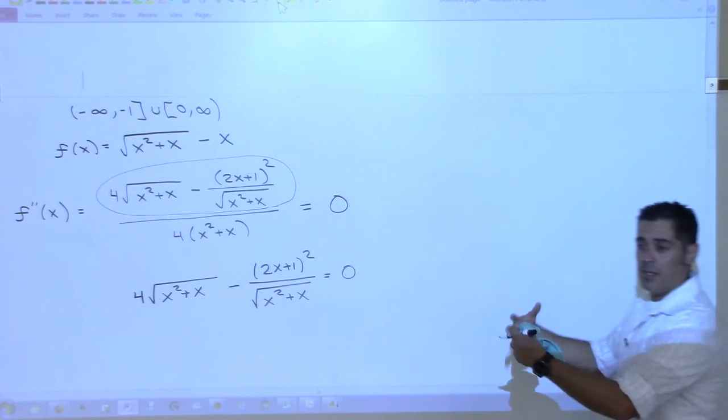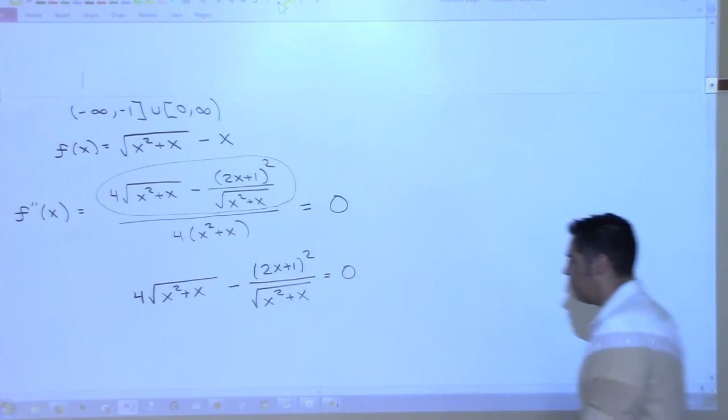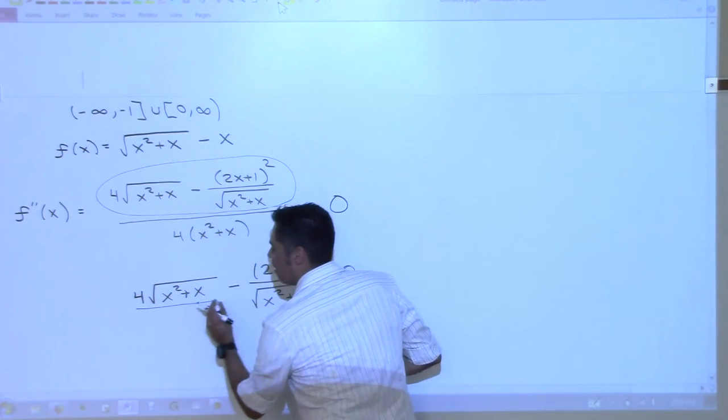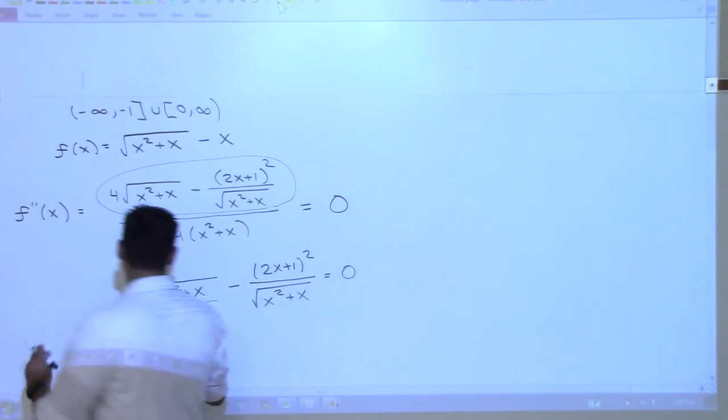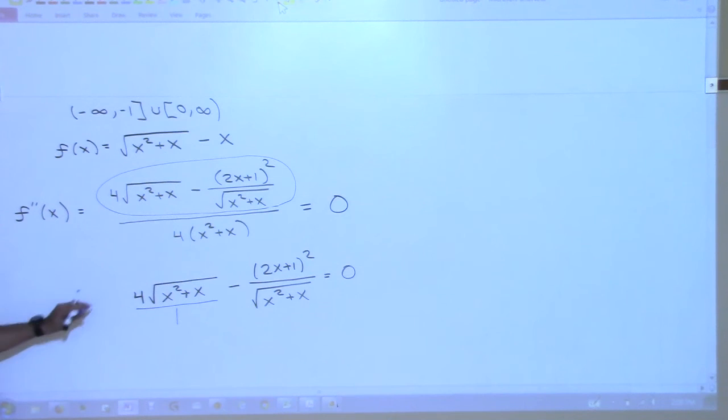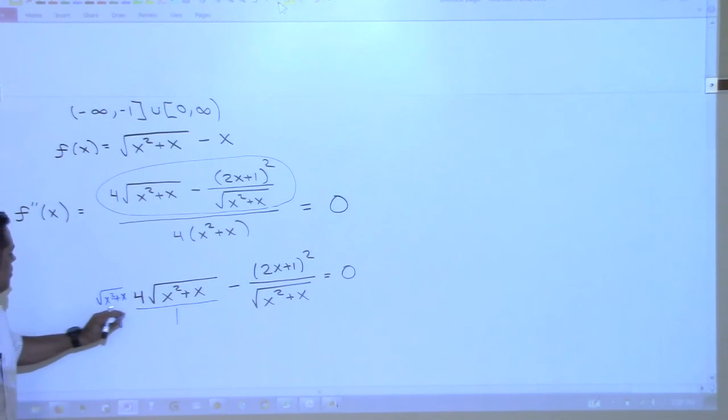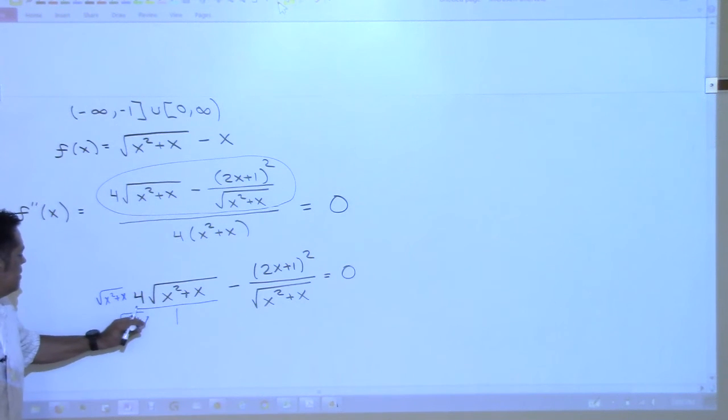And now I get a common denominator on the left side. So I'm going to put this over 1, right? And I'm going to multiply the top and bottom of this by root of x squared plus x.